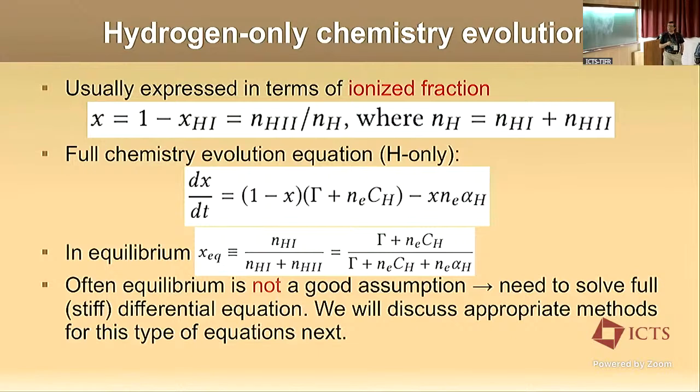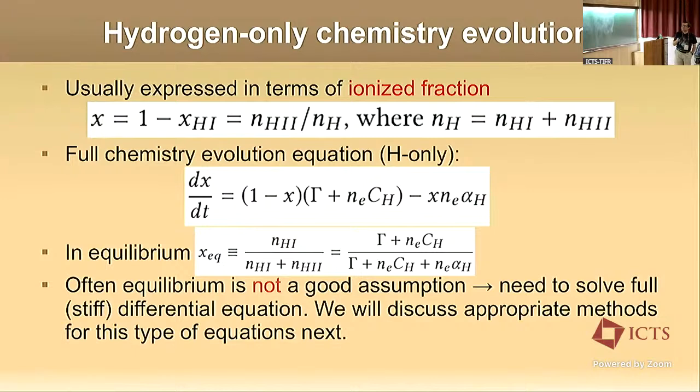So in equilibrium, it's easy to solve. You don't need to do a differential equation, anything. You just can write it down. As long as you can calculate how many photons you have, you know these coefficients, they only depend on temperature, and you can calculate what the state is. So for example, you pick, say, 10,000 degrees temperature, and you can calculate that x is about 1/2 or so.